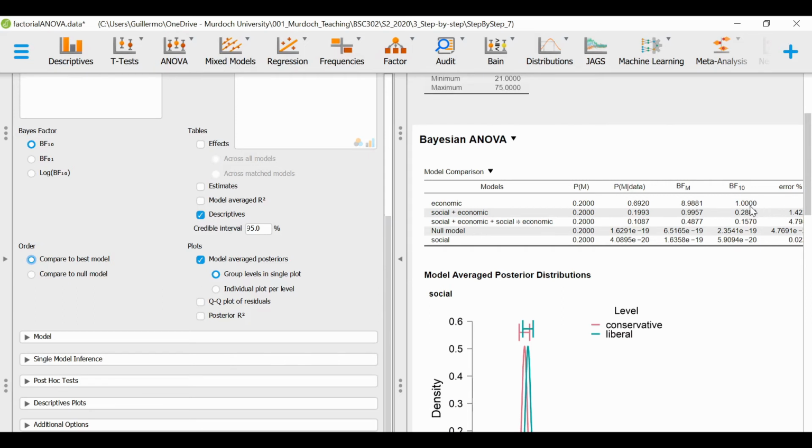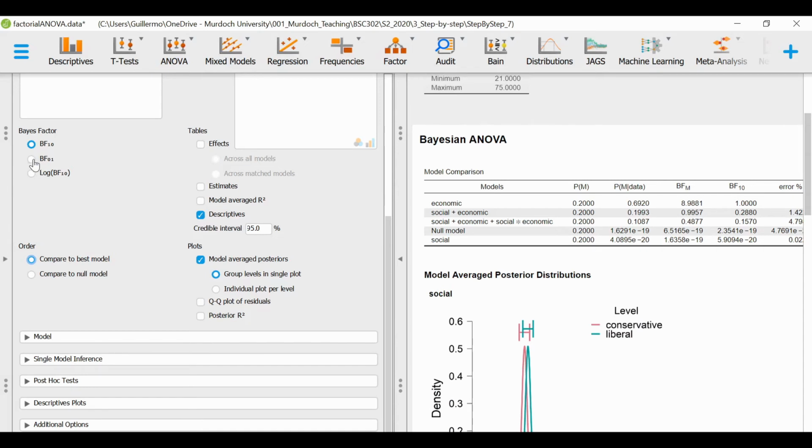When you compare social and economic versus the best model, that model has a 0.228 Bayes factor, so it's lower than the economic. Now if we want to know how much better economic is in comparison to each of the other models, we change BF10 to BF01.